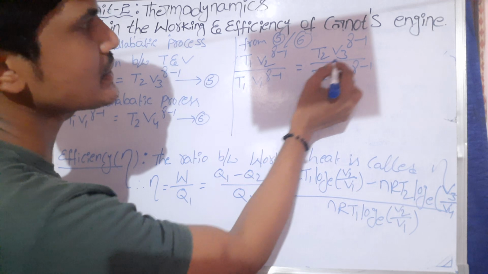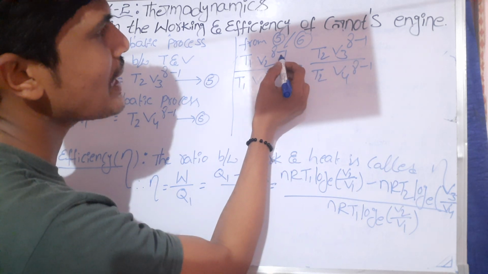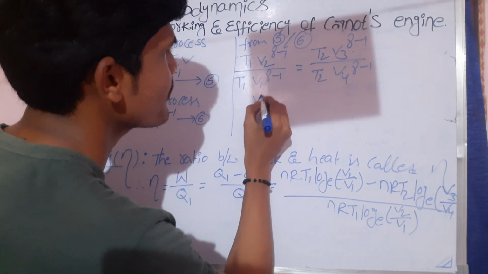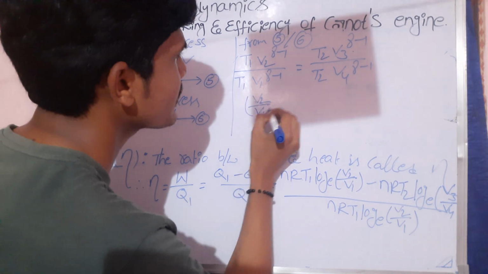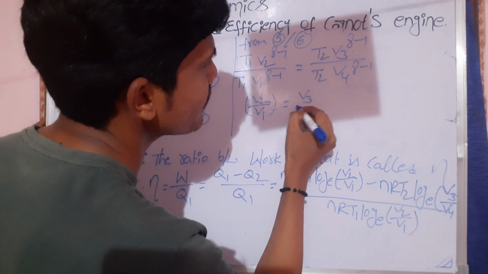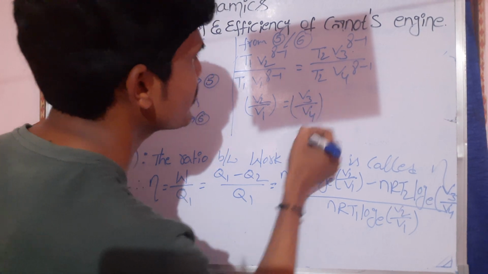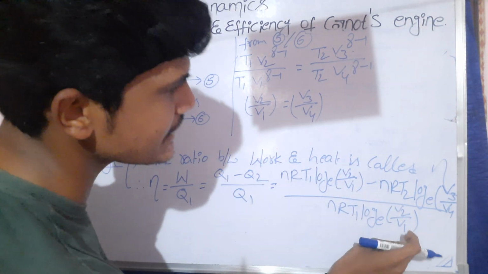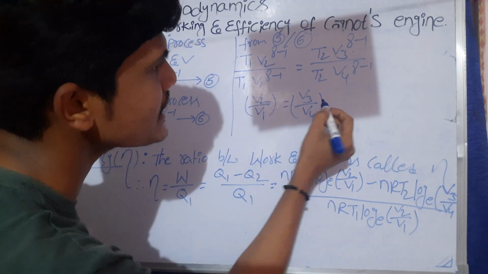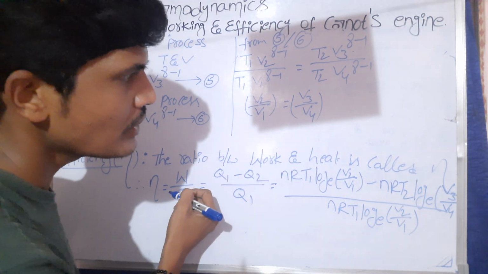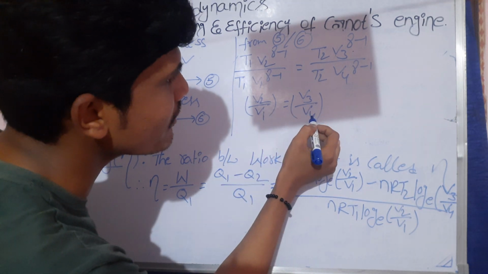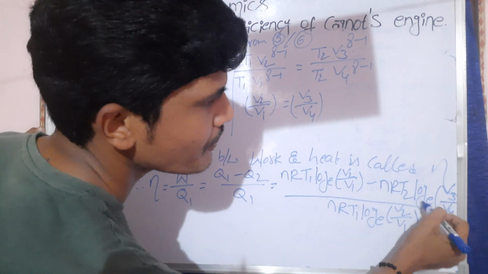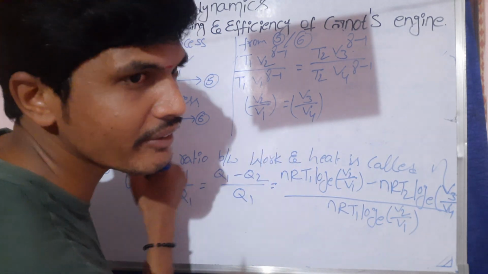So T1 cancels, T2 cancels, V2 power gamma minus 1 cancels, V3 gamma minus 1 cancels. Remaining V2 by V1 equals V3 by V4. So we substitute in this equation: V3 by V4 is replaced by V2 by V1.